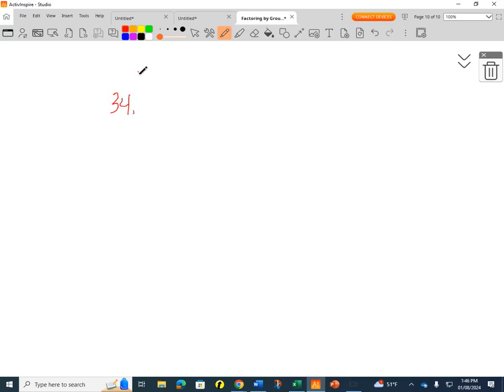So it says find the expression for the possible dimensions of each regular prism. So to find the dimensions, the formula for the volume of a prism is length times width times height. So everybody's putting that on your paper for number 34.